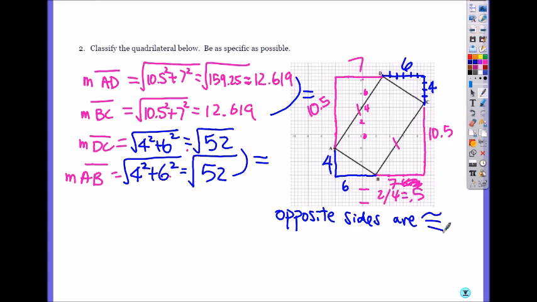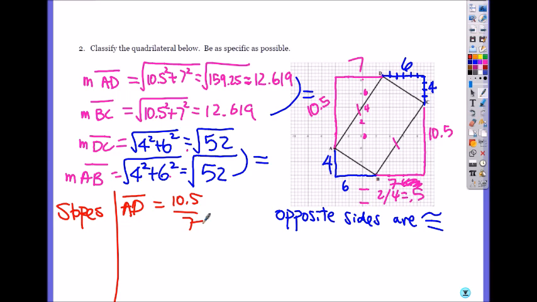So that could be a parallelogram, right? But we are trying to check if they're all 90, meaning we have to look at their slope. So what's a slope? Rise over run. So slopes. Let me just go ahead and write the slopes of segment AD. AD, it's rise over run. So it is 10.5 over 7.